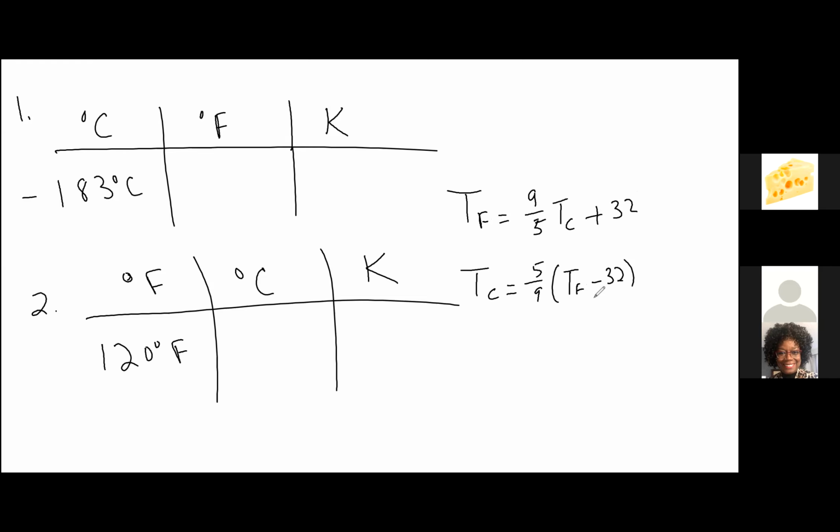Those are the two conversions. We have one more: temperature Kelvin is temperature Celsius plus 273.15. Those are the three that we're using.